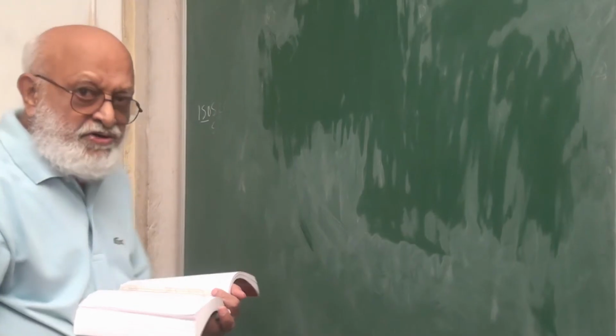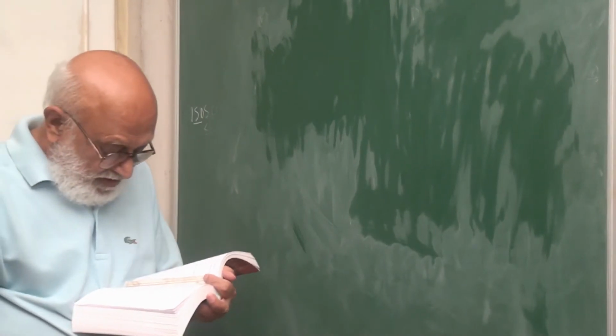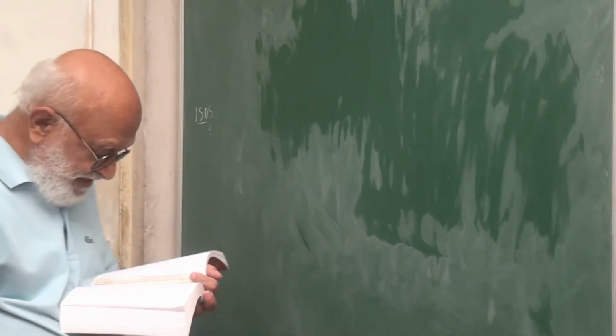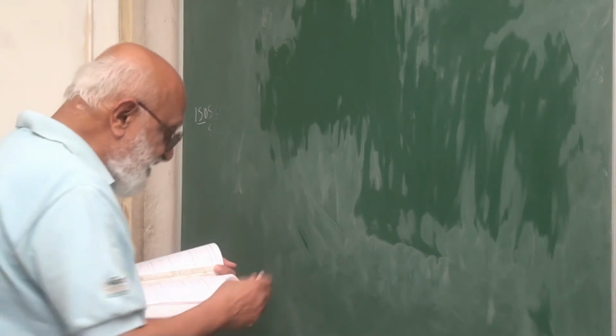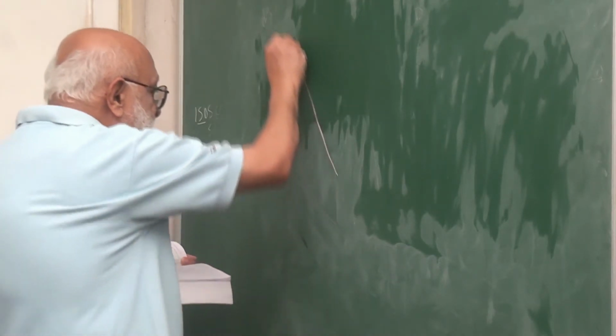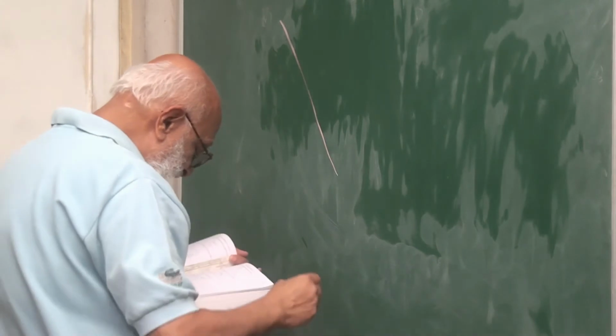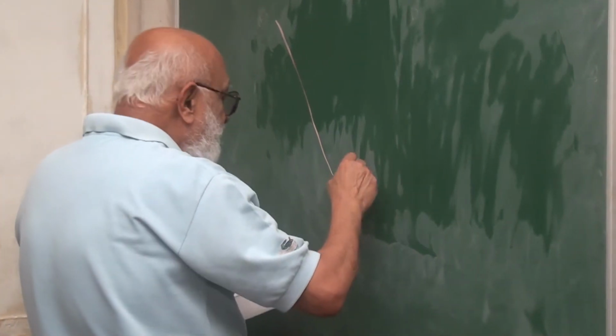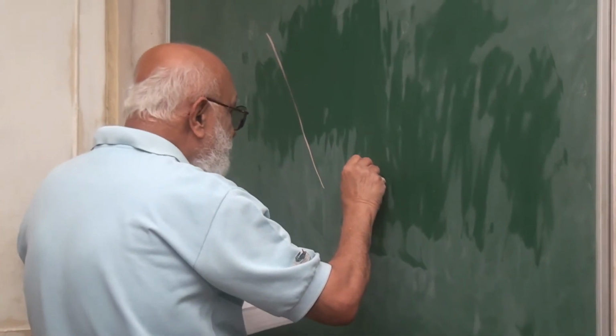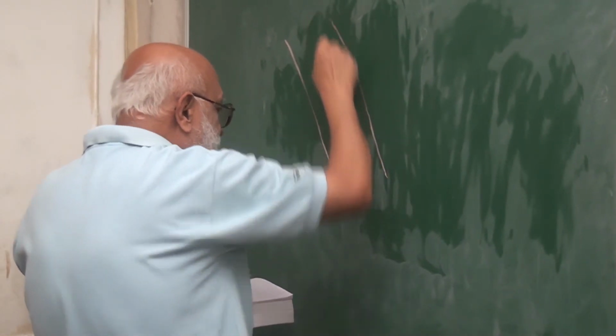Okay. We continue with the next problem. This problem also says two lines AB and CD, they are parallel. I'll write it down.